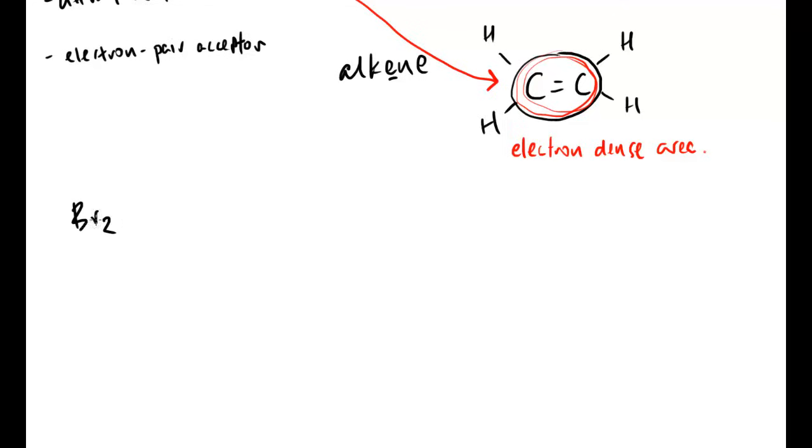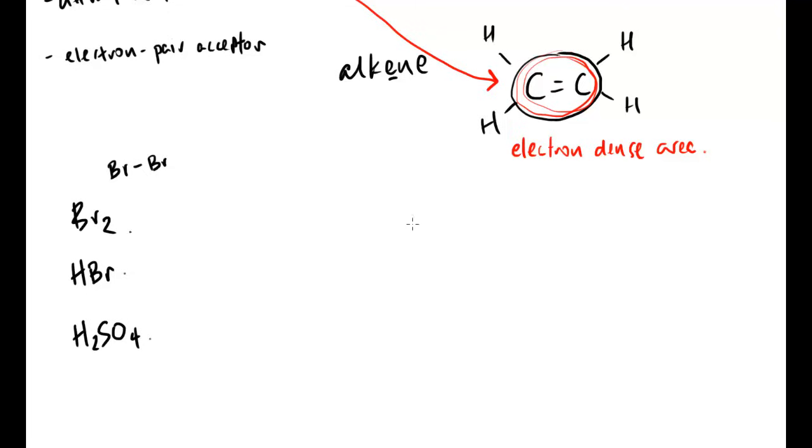The only time you'll see bromine on its own would be if it was an ion or a free radical. If we're talking about general bromine, we're looking at Br2, this diatomic molecule, with a covalent bond in the middle. The other electrophile is hydrogen bromide. The final one is sulfuric acid.